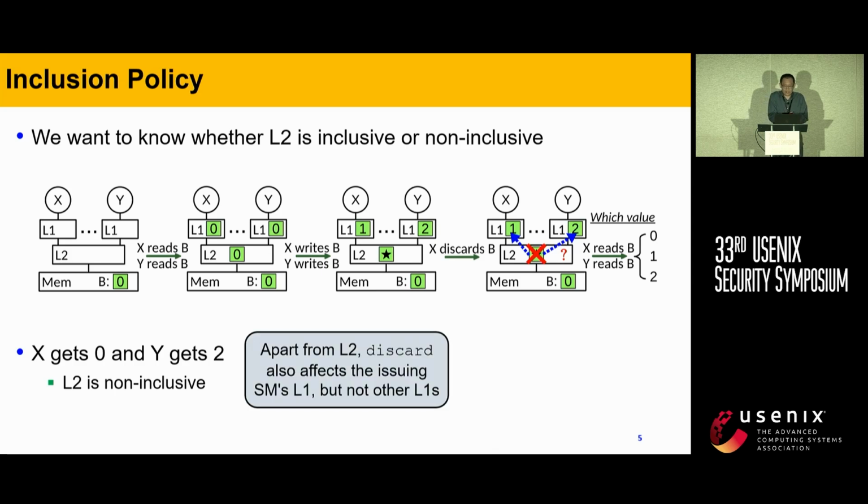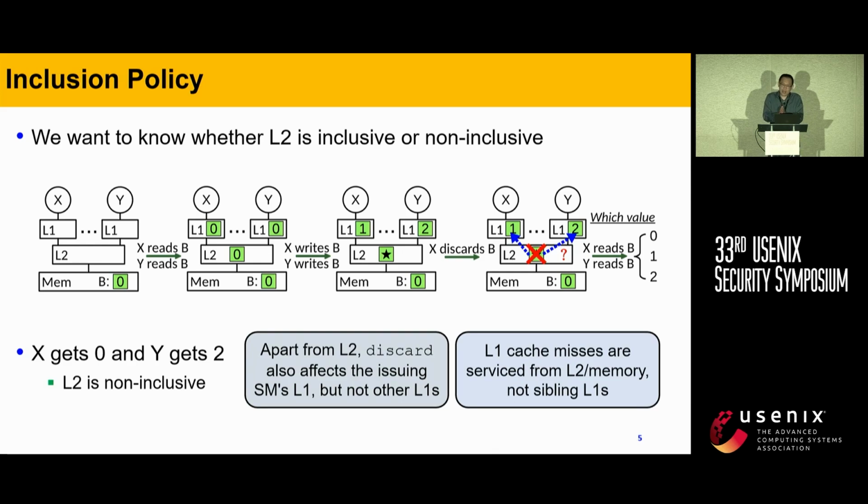We can also find that discard removes the cache line from L2 and also from the L1 of the SM issuing the discard instruction, which is not specified in the documented semantics. We can also know that L1 caches are actually serviced from lower levels of the GPU memory hierarchy rather than the sibling L1 caches. If this were not the case, X should have obtained 2.